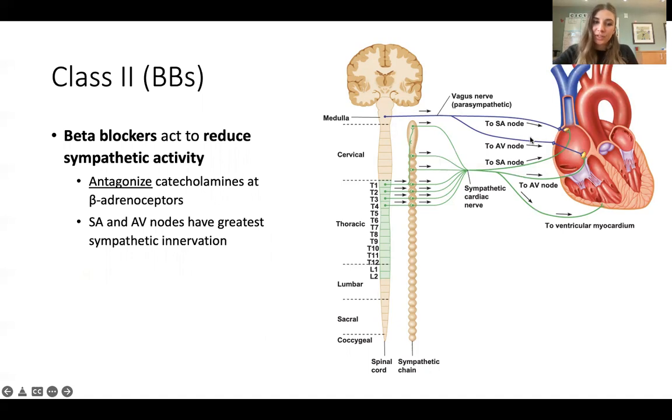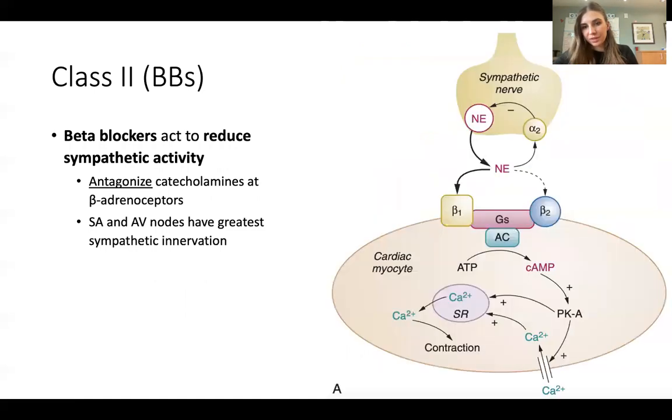What beta blockers are doing is trying to block catecholamines from binding to the receptors to stimulate this process. So here are your catecholamines, beta 1 and beta 2 receptors. They're going to block the attachment here. And you can see the downstream effects of ATP and calcium contraction that we're trying to inhibit. So it's a calcium channel blocker, but indirectly.